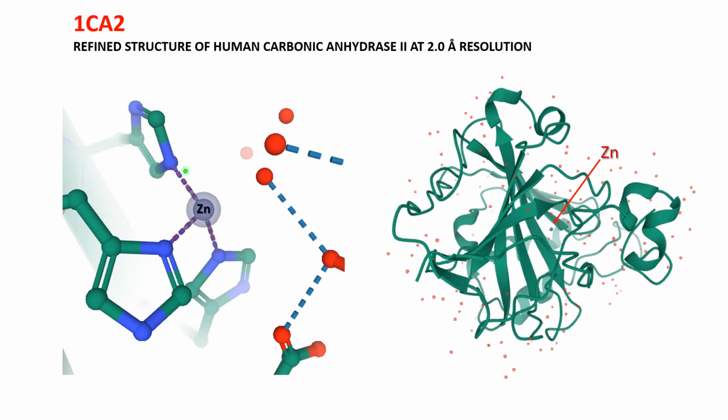This is just a picture of human carbonic anhydrase enzyme. The working place is a zinc atom surrounded by three nitrogens and some distant oxygen atoms. And all the process occurs somewhere here.